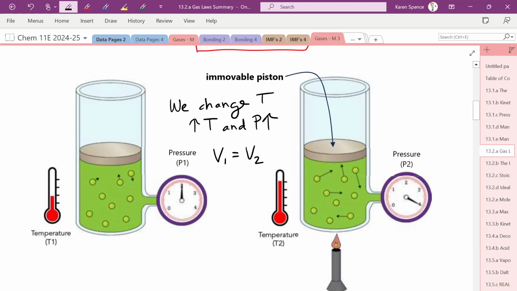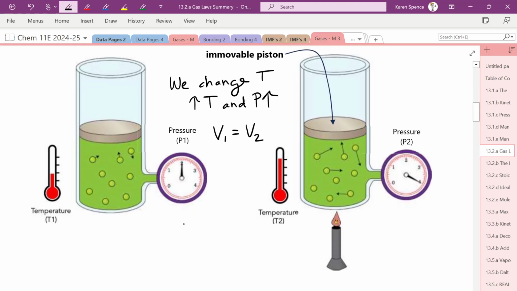Now how would we phrase this? Would we say that temperature is proportional to pressure, or would we say pressure is proportional to temperature? Which one? Pressure is proportional to temperature. You put your dependent variable first in a proportionality statement.